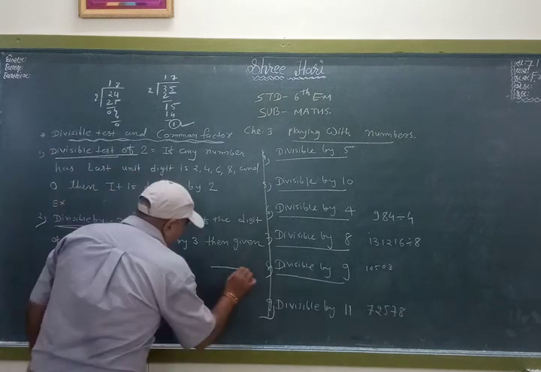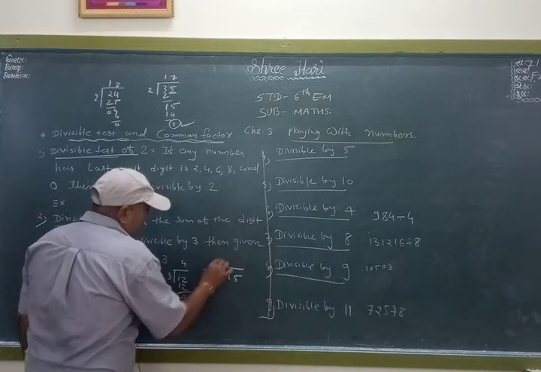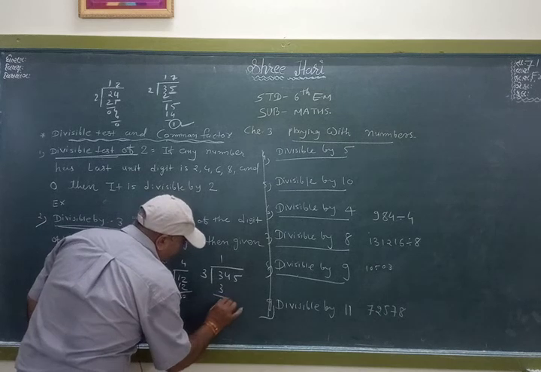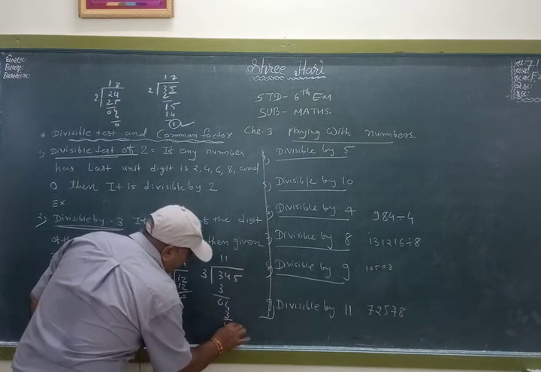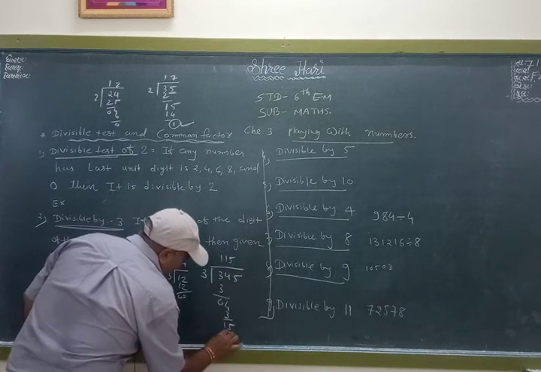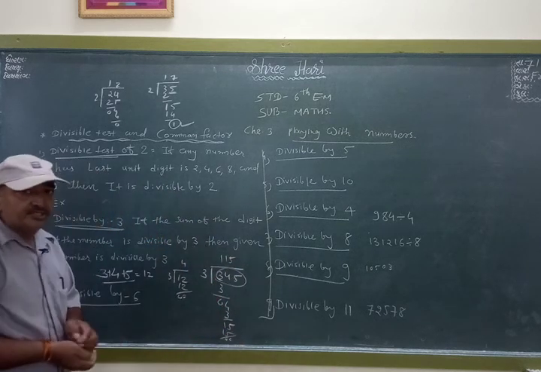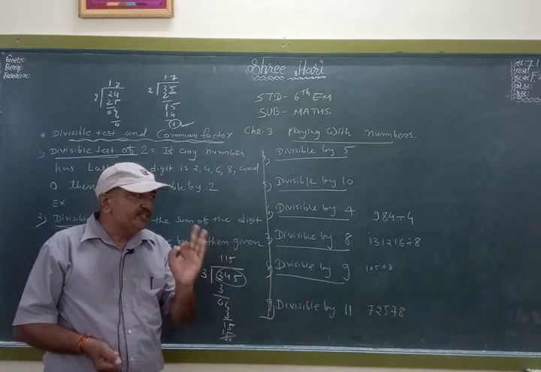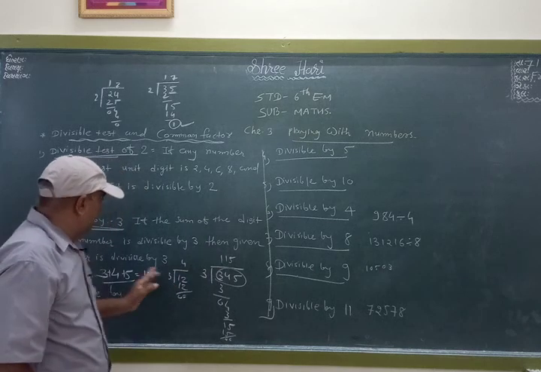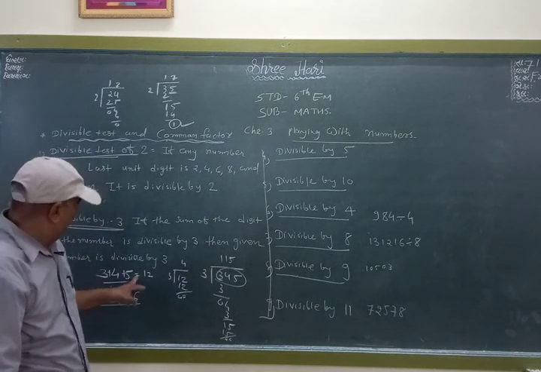Then 345 is also divided by 3. 3 1 ja 3, 0, 4 down, 3 1 ja 3, 1 and 3 5 ja 15 with remainder 0. So if the sum of digits is divisible by 3, then the whole number is divisible by 3.